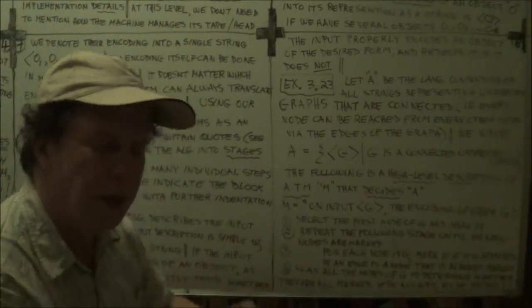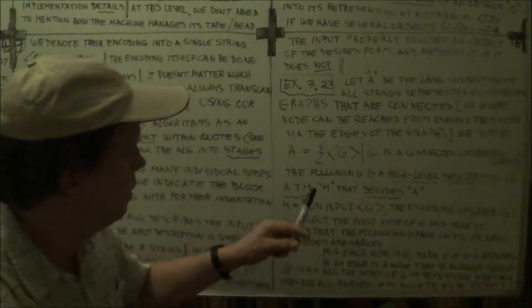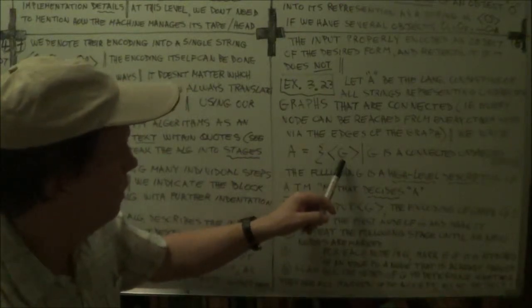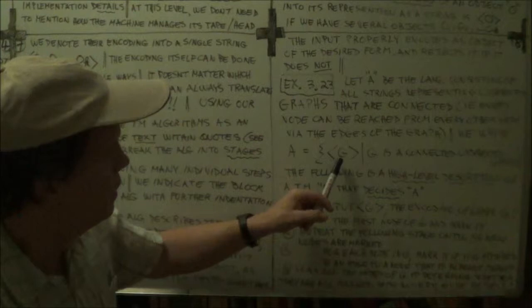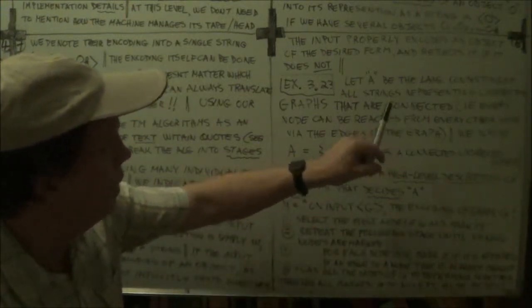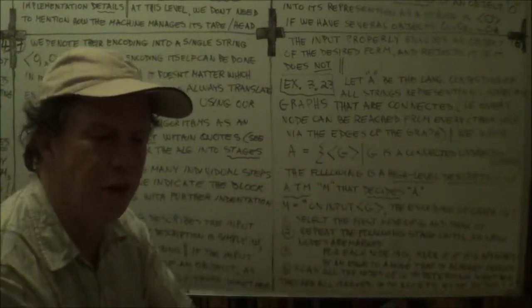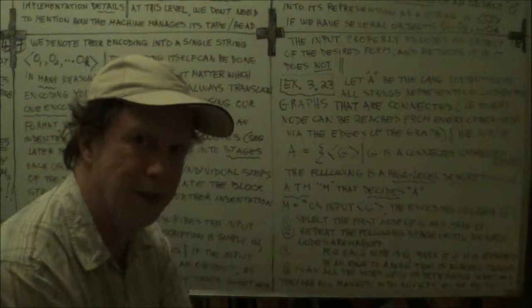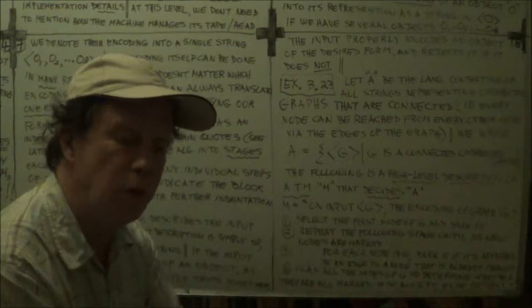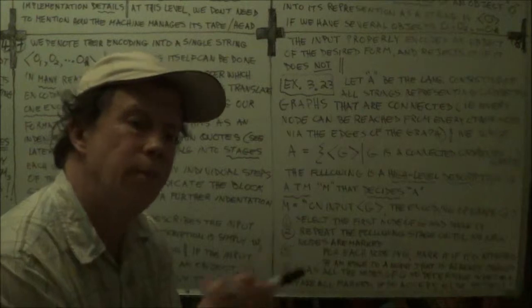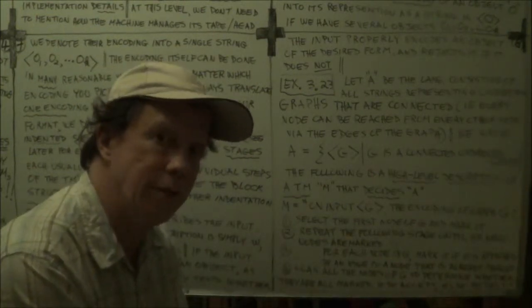Now, step 4 is to scan all the nodes to see whether they're all marked. In a sense, you're looking for these G's. It's a set of graphs, and what properties do they have? Well, they're connected. Now imagine you had a disconnected graph, say a graph in 2 parts. You start at the first node. All the nodes in the part that included the first node would be marked, but none of the nodes in the other part would be marked.